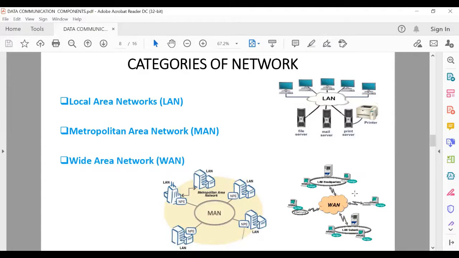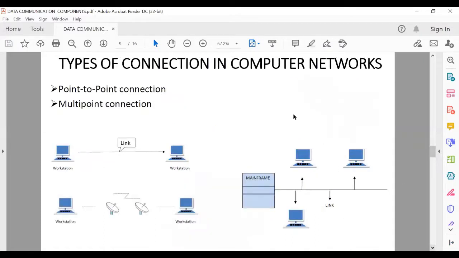A typical type of connection is over here. So these are the different network categories by which data can be communicated.